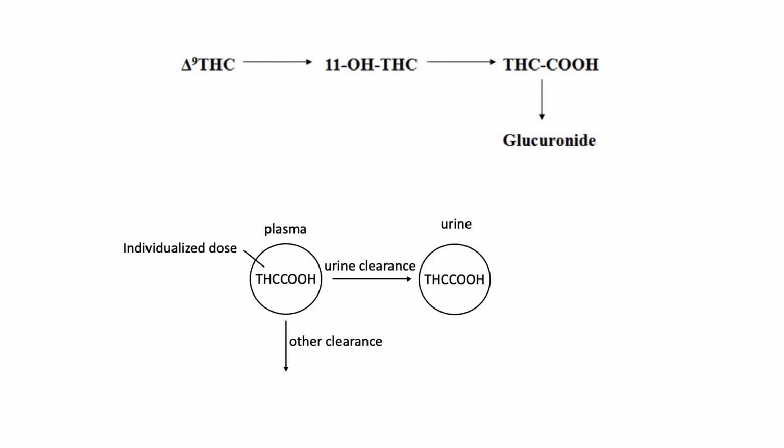So the way the model is constructed is that we gave the THC dose to each individual that was already predetermined. And it appeared as carboxy-THC in plasma. From there, it is cleared either by urinary clearance into the urine or by some other unmeasured pathway.